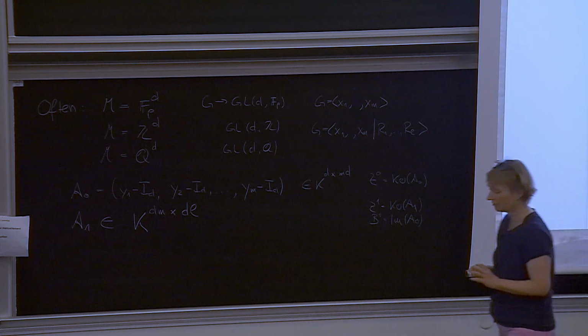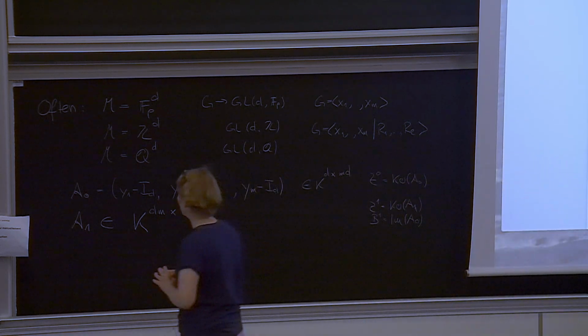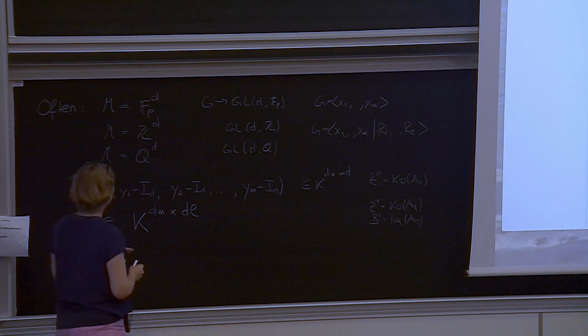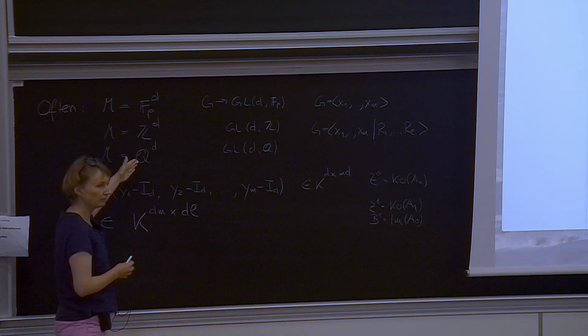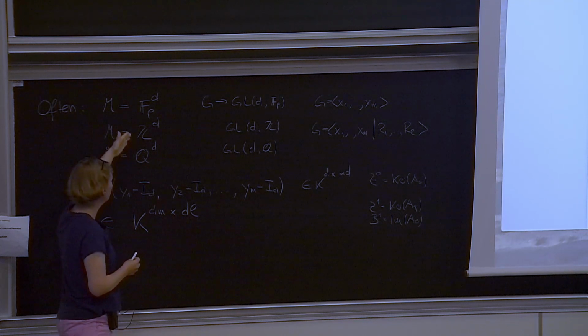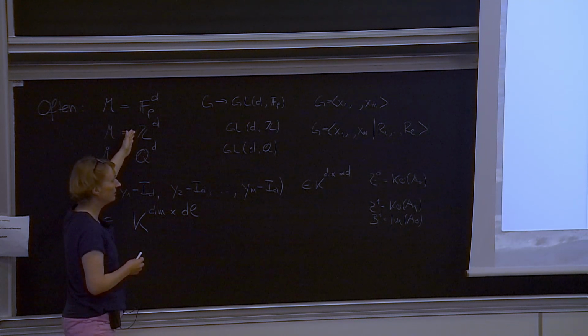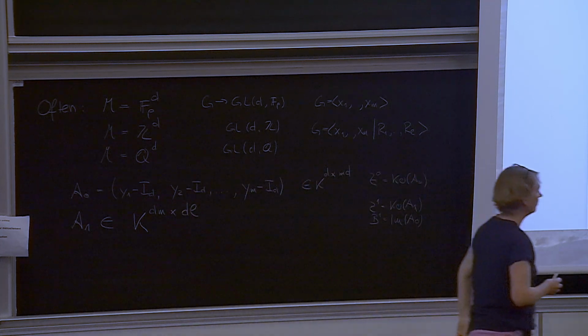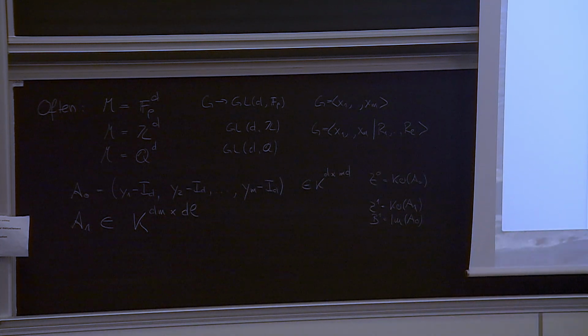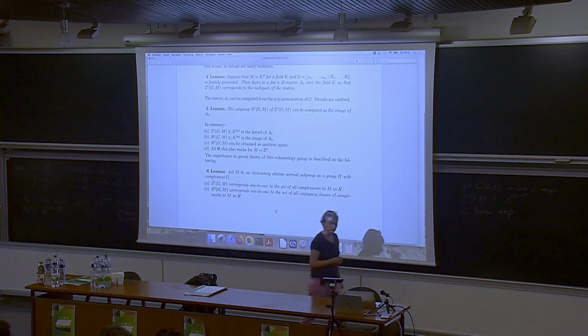In both cases, you have to compute kernels and images of matrices. For vector spaces over fields, that's the algorithm of Gauss. And for the integers, there is an easy variation of that that will give you the same over the integers. So in the end, it boils down to the algorithm of Gauss to compute all these things once you have the matrices set up.